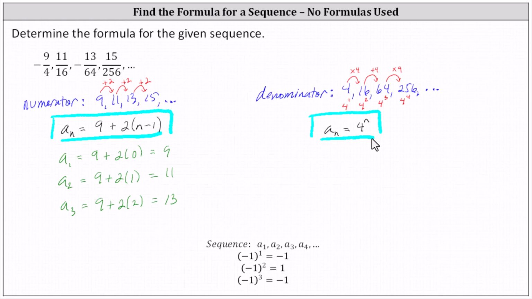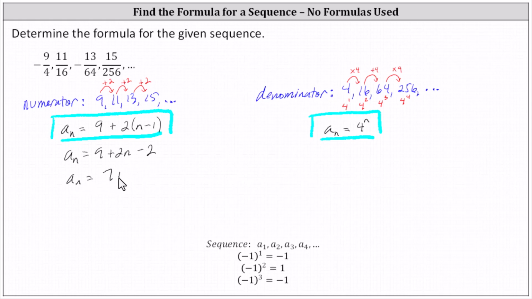So now if we take the formula for the numerator and divide by the formula for the denominator, we'll have the correct terms, we just won't have the correct signs. And I should also mention we can simplify the formula for the numerator by distributing 2. We have a sub n equals 9 plus 2n minus 2, giving us a sub n equals 7 plus 2n.